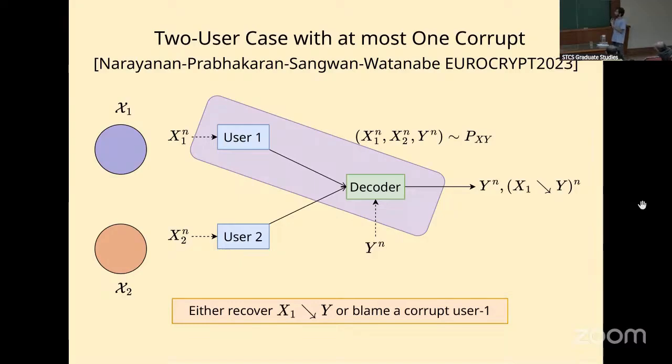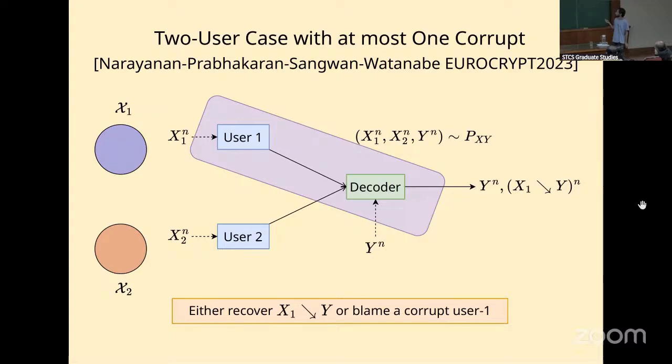The experiment goes as follows. I'm going to block user 2, and I'm just going to assume that the decoder is only communicating with user 1. It can trivially, using the idea that we just saw in the previous scenario, learn x1 down arrow y and y. It can learn any function of that.